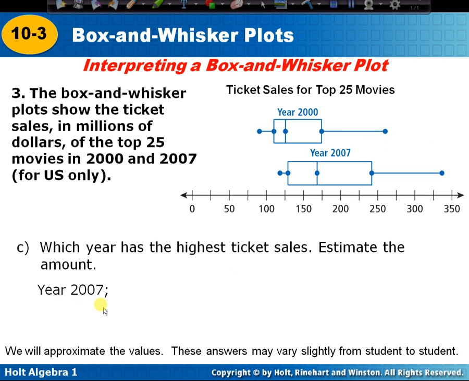So we're going to say year 2007 has the highest ticket sale, and we're going to approximate this to be about 340 million. Again, you could be off by a little bit, but it's just an approximation. Make sure you have C, the question and the answer written.